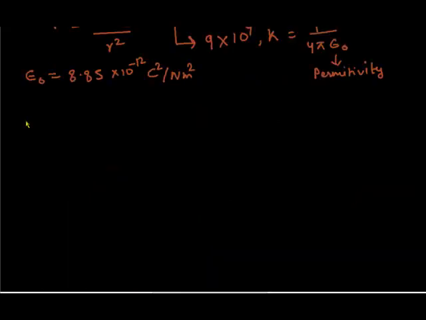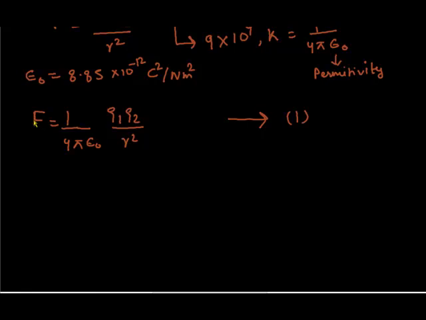Coulomb's law can thus be written as F is equal to 1 upon 4 pi epsilon naught Q1 Q2 upon r square. Let us label this as equation number 1.